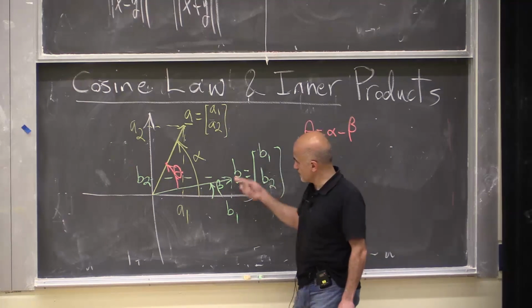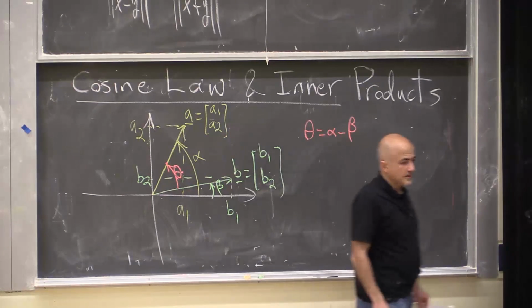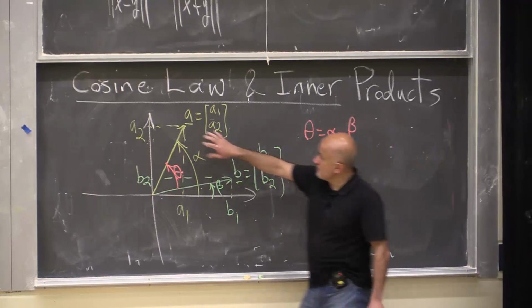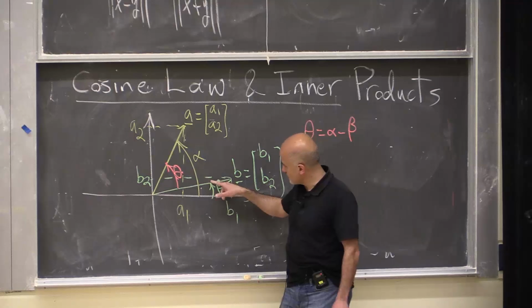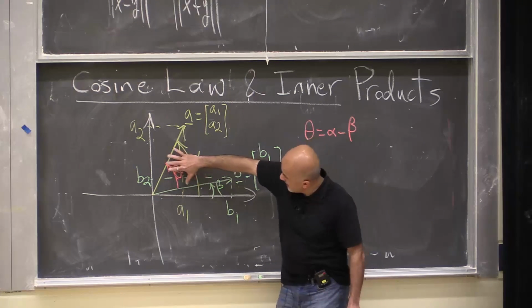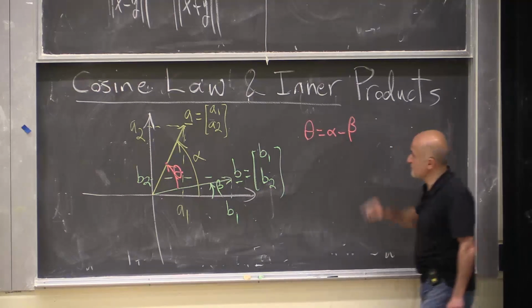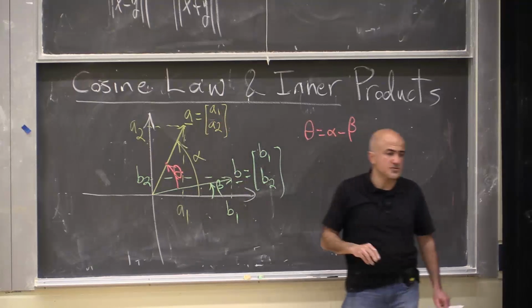The components, of course, are the orthogonal projections onto the horizontal and vertical axes, respectively. Each one of them makes an angle with the positive horizontal axis. So I'm going to call this one beta and this one alpha. And the angle between the 2 vectors I'm going to call theta. So if I subtract beta from alpha, I'm going to get theta. That should be clear from the picture.